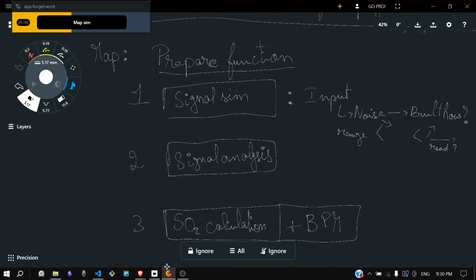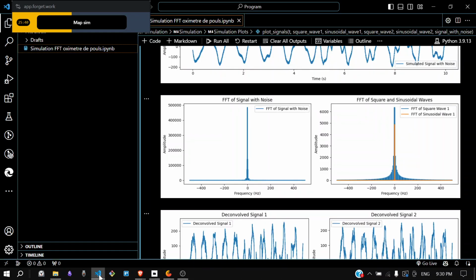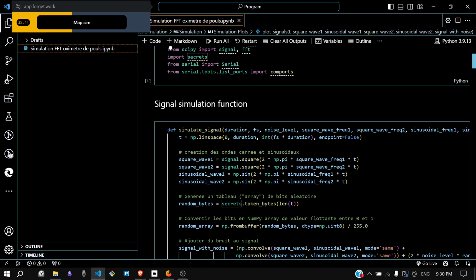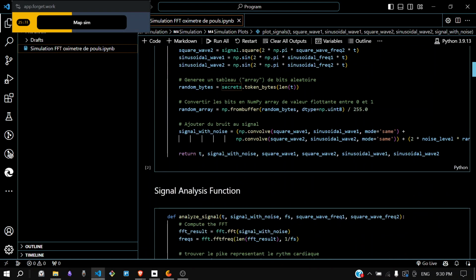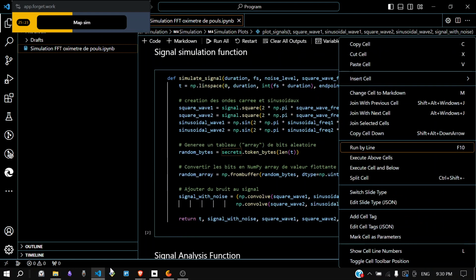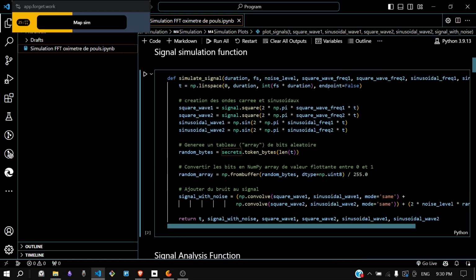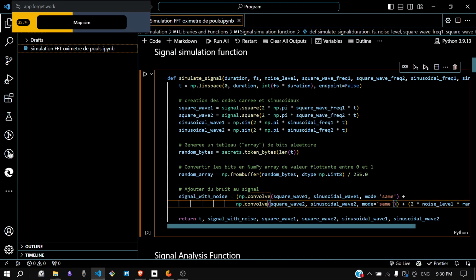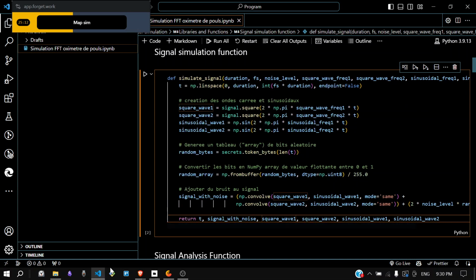So yeah, we also need to explain in the above signal how the convolution works. There's a certain convolution, so I need to explain how the convolution works and how we add the randomness to it.